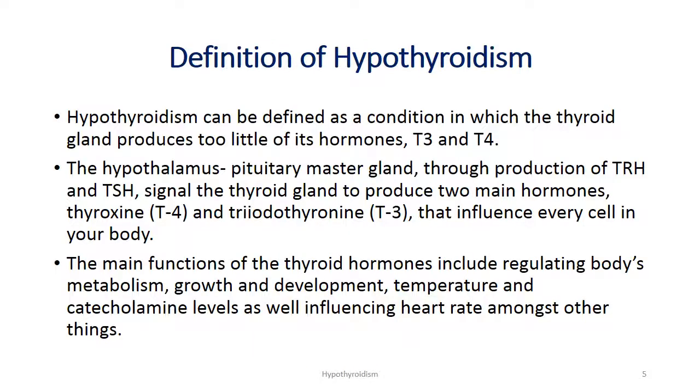So one can define hypothyroidism as a process where the thyroid gland produces too little of its main hormones, T3 and T4. I should mention here that there are other hormones that are produced by the thyroid, T0, T1, T2. We are not sure at this point about the significance of these hormones on the body.